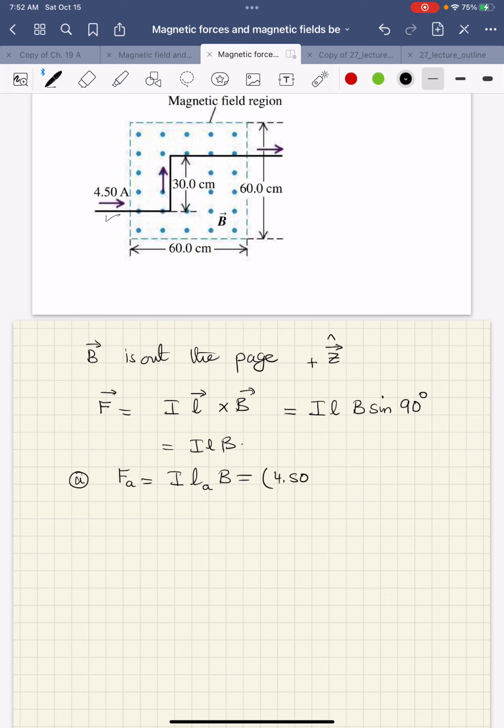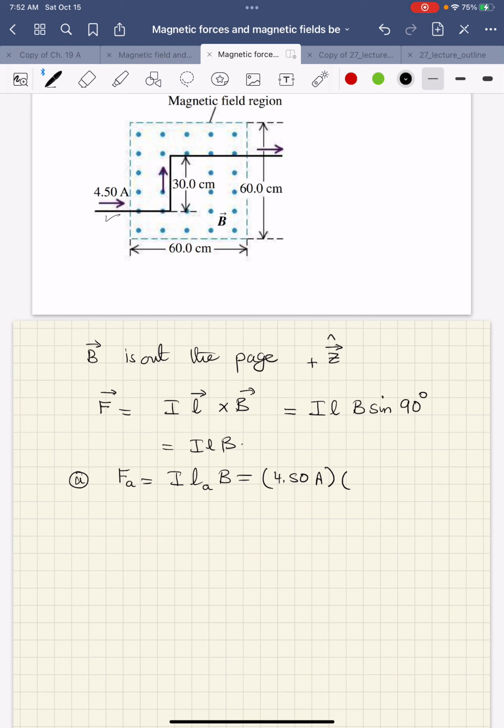It has a current of 4.5, the current is constant, and it has a length that I'm not sure about because it's not written here.